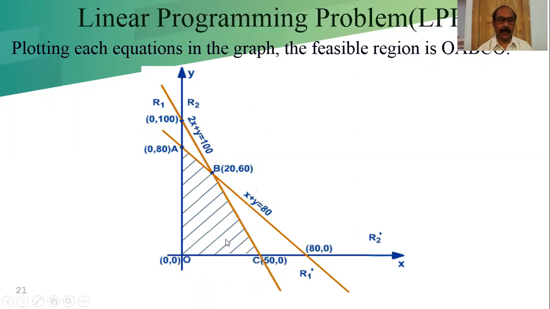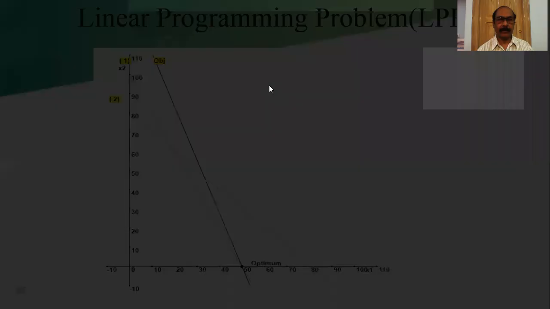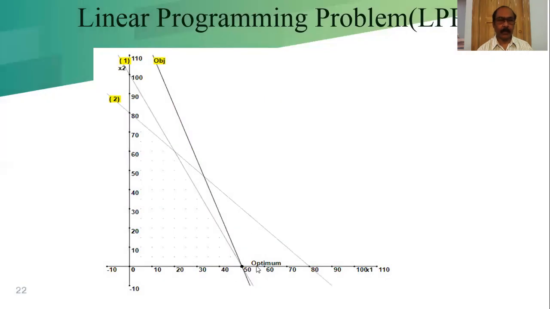We can check by finding the values at each and every corner point of the feasible region. From the objective function line plotting, we got the optimum value at that point. By putting it in the objective function, we get the optimum value, and the optimum solution is x equal to 50, y equal to 0.